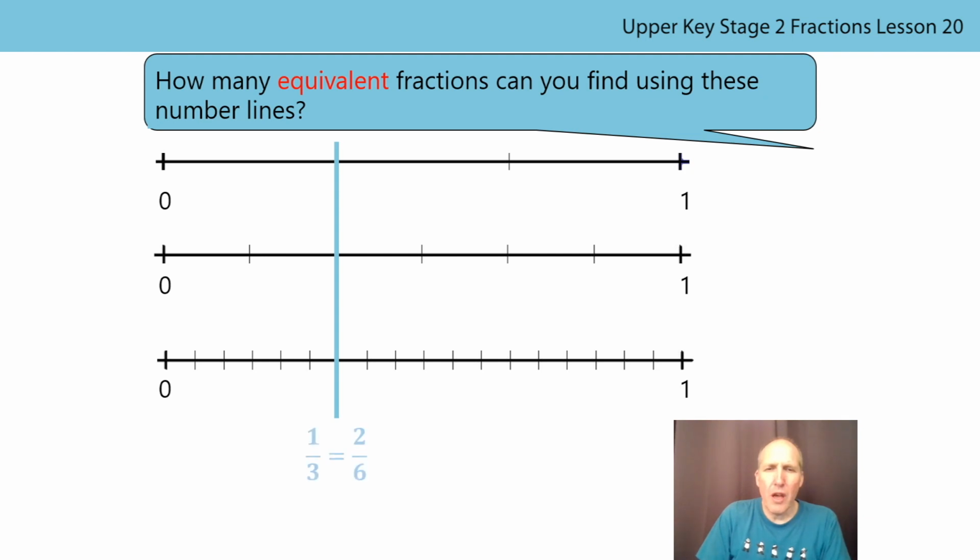So 1/3 is equivalent to 2/6, and they're both also equivalent to 6/18. How many more equivalent fractions can you find using these number lines? Any positions on the number lines? Pause the video and see how many you can find for yourself.